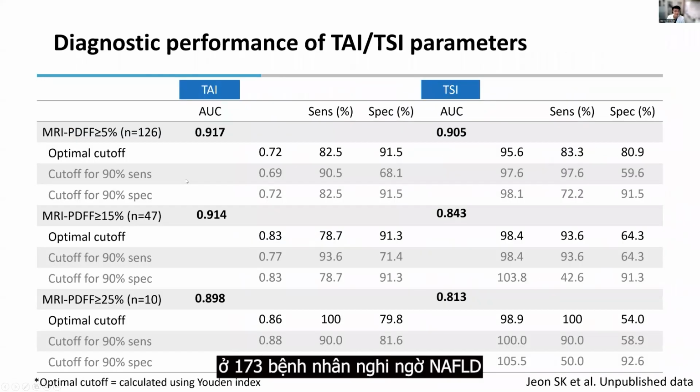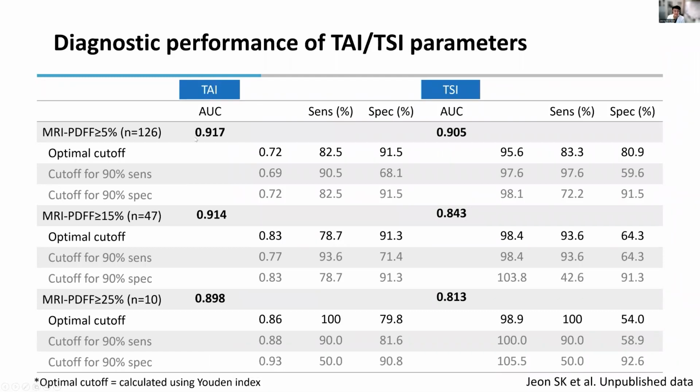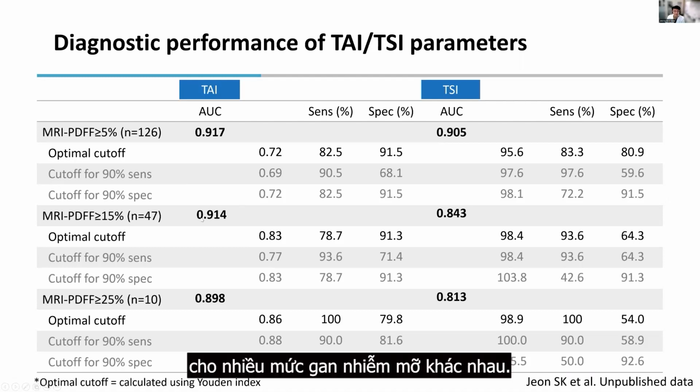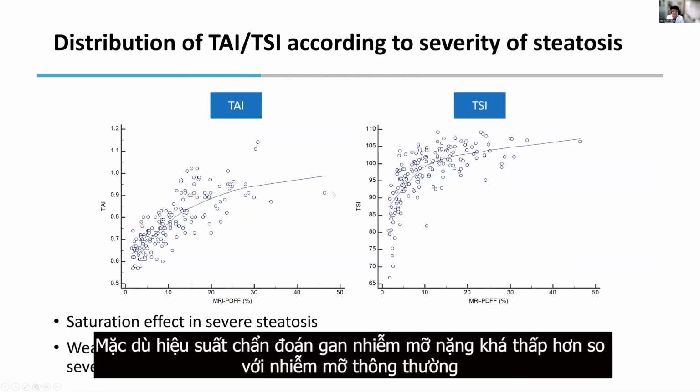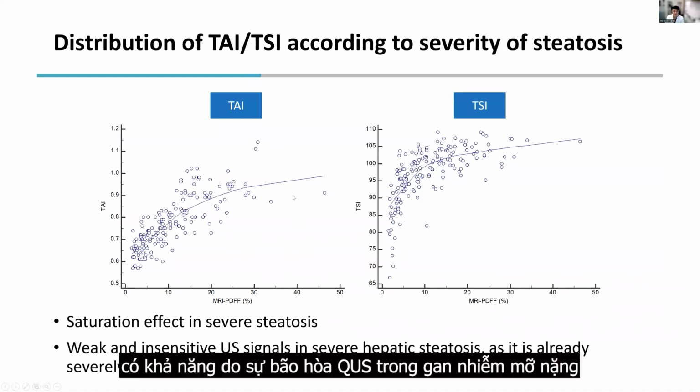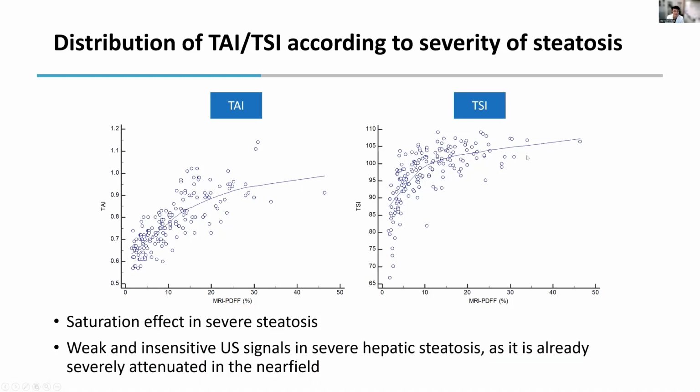As you can see here, both TAI and TSI showed good diagnostic performance for various degrees of hepatic steatosis, although the diagnostic performance of severe hepatic steatosis is relatively lower than that of overall hepatic steatosis. It is probably due to saturation effect of QUS values in severe hepatic steatosis.